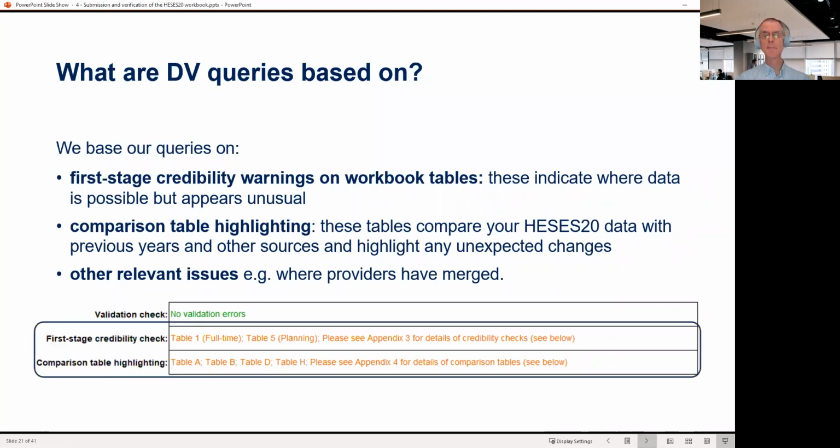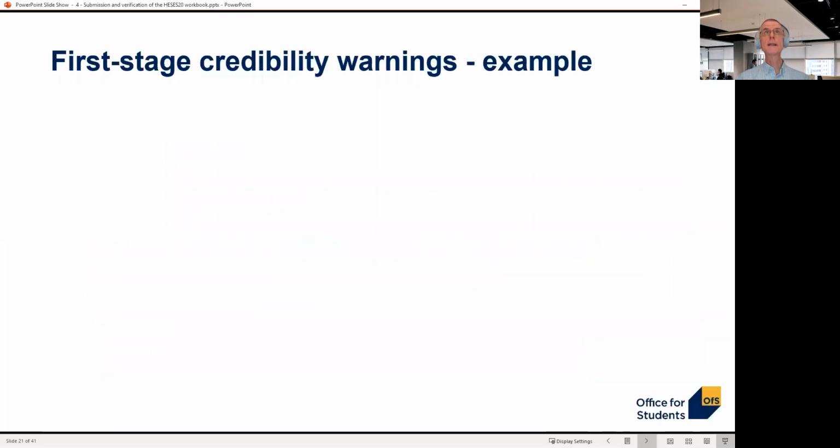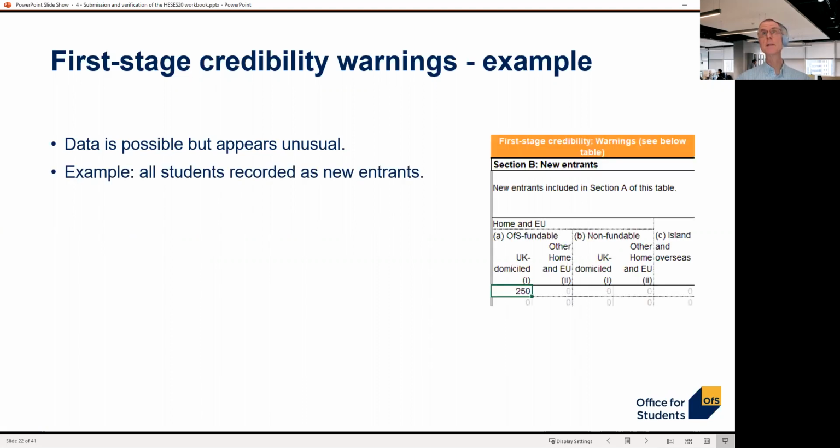Comparison table highlighting, these two here, and look a little bit closer at those so we can get an idea of what's going on. So for first stage credibility warnings, I've got a little example here. As we say, data is possible, but is unusual. So this might be, for example, if we look at table 5, there's a section B of table 5 where we ask you to record new entrants.